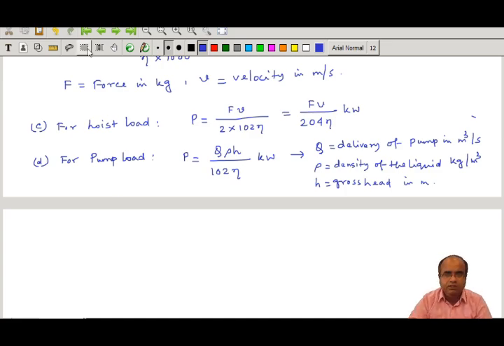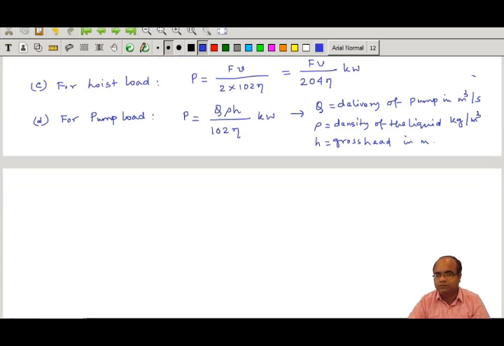Now come to number 2. If the load is fluctuating or intermittent load.